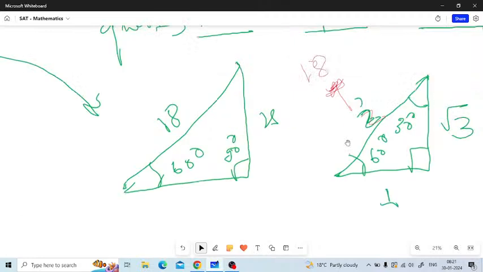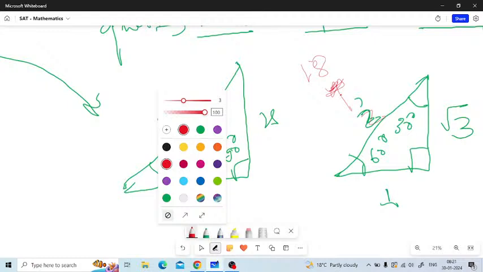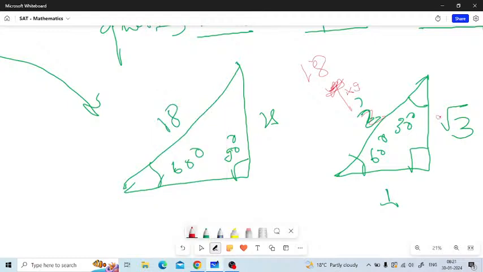If this 2 becomes 18, that means 9 times. Then this would become 9 times root 3, and this would become 9 times, means 9. So this x will become 9 root 3.